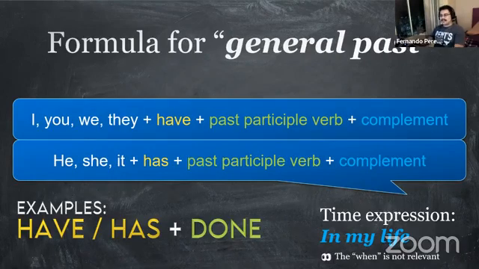When you talk using auxiliary have and has, don't forget to use the corresponding auxiliary. For example, tell me something about your mother. Give me a general past about your mother or your father.